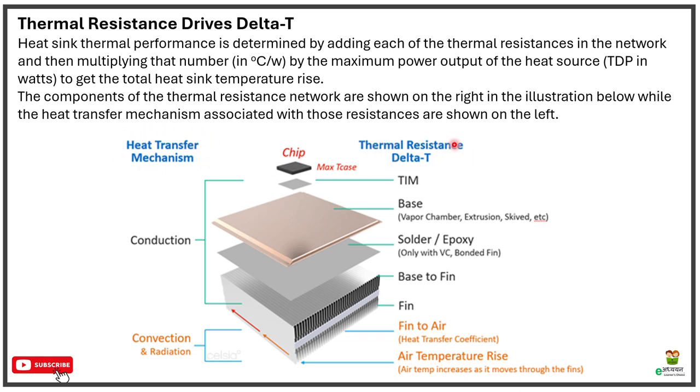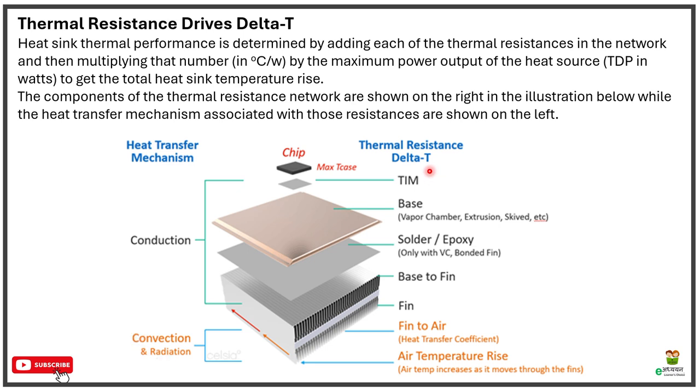The heat generated by the chip is transferred to the base via conduction, and from this base to the pins via conduction. Then this heat from these fins to air is transferred via convection and radiation.